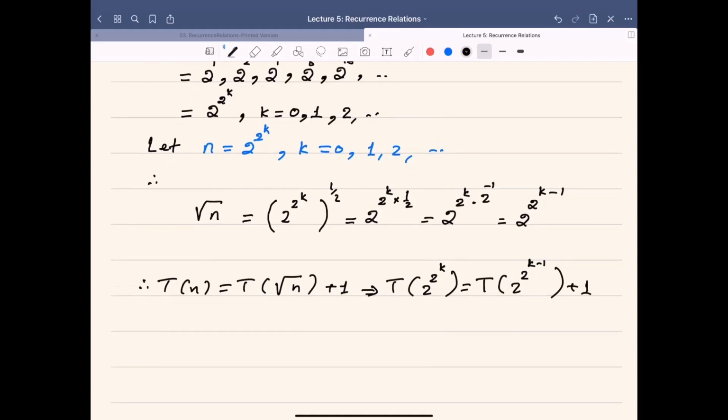By rewriting the recurrence relation, we will have T of 2 to the power 2 to the power k minus T of 2 to the power 2 to the power k minus 1 is equal to 1.